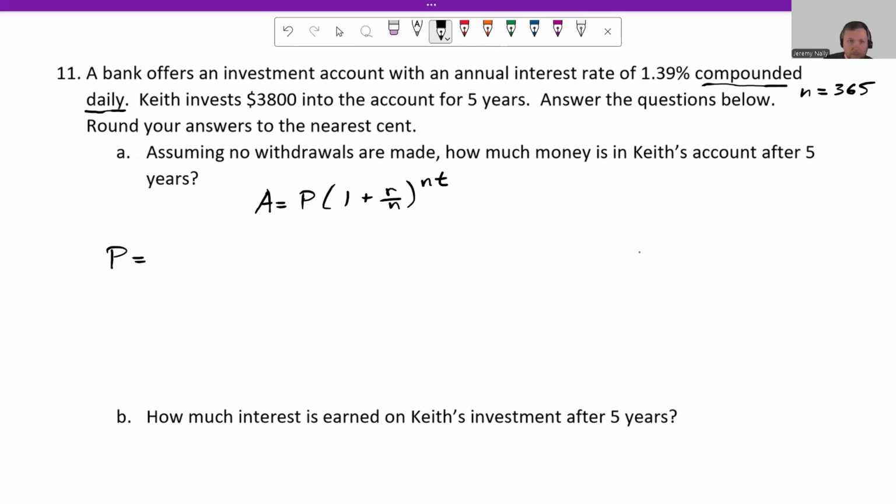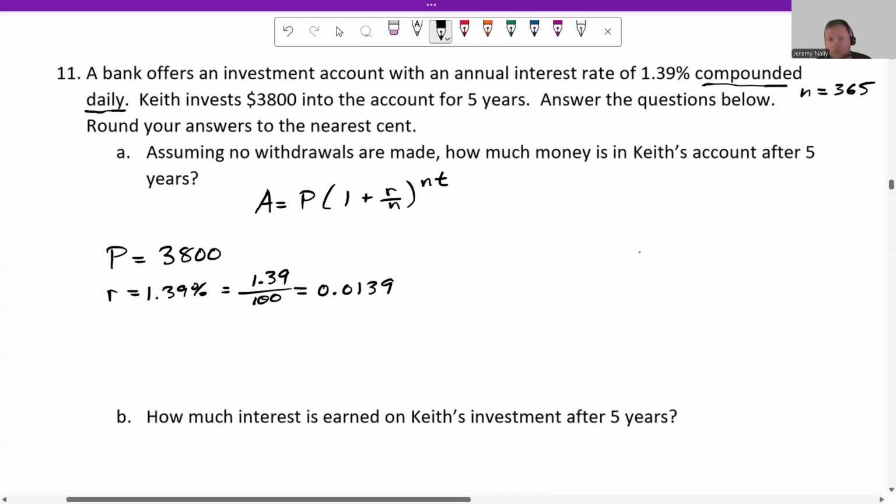Okay, so he's investing 3,800, so that's our P. The interest rate was 1.39%, but we have to convert that to a decimal. And like I mentioned before, sometimes you might not want to trust yourself too much during the test.